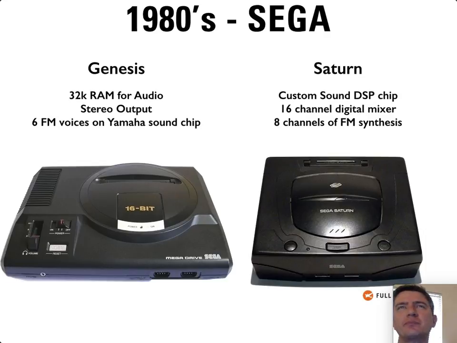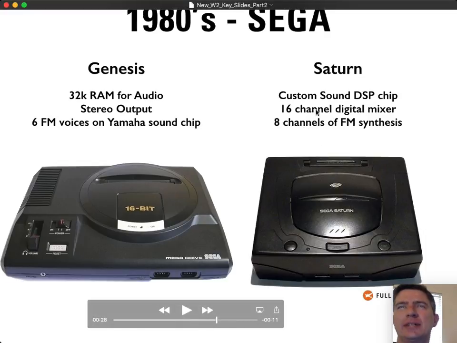It had a custom DSP chip for more effects processing, 16 channels of sound simultaneously, and we went up to 8 channels of FM synthesis. So we're still synthesizing the soundtracks in real time, and had the room on the game disc for other sounds.